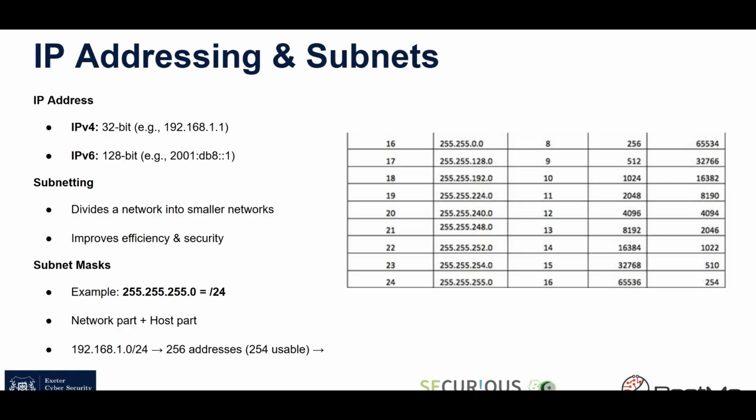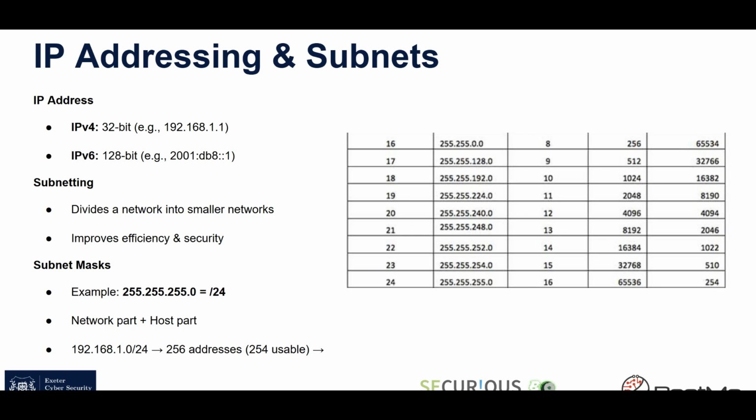So subnets help you divide the network part and the host part. For example, here we have a subnet /24. This is what we call a subnet mask. It tells you that the first three parts, 255, 255, 255, are reserved for the network, and the host part, the addresses you can attribute in that network, is from the 0.